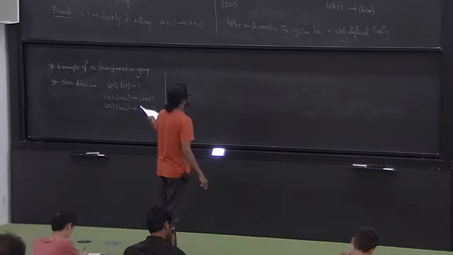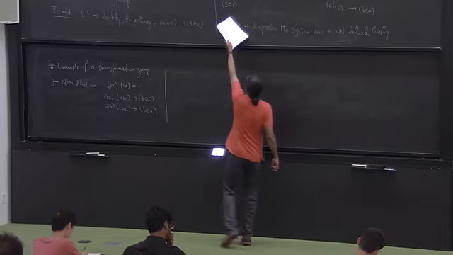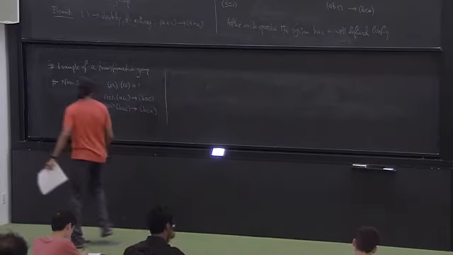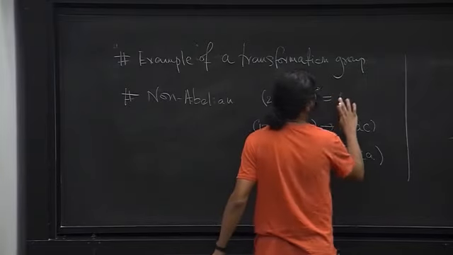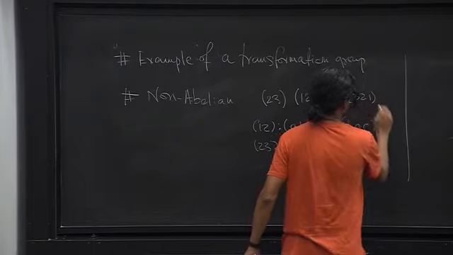Starting from ABC, we end up with BCA, so we get this element, which is equal to (3 2 1).